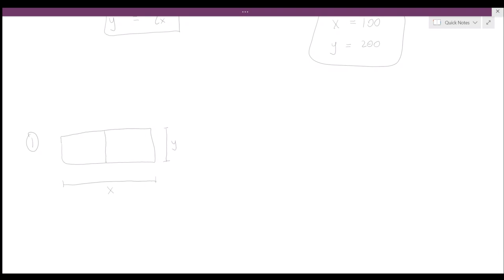All right, so given x and y representing these dimensions for the fence, remember that the area of a rectangle was like the base times height or length times width, however you want to think about it.